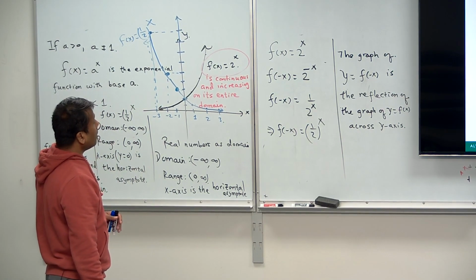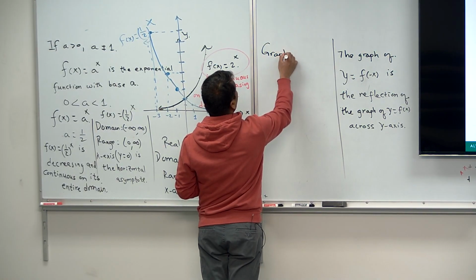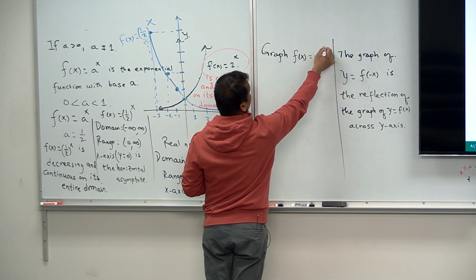Okay, so now I think you can do this one. And remember that if you know the graph of f(x) equal to 2 to the power x, so how do you graph f(x) equals negative 2 to the power x?